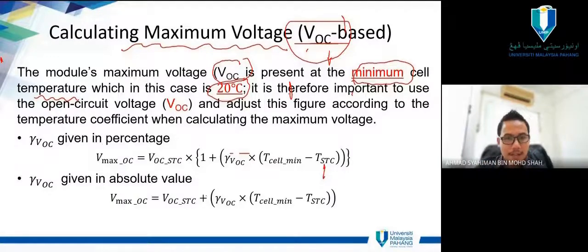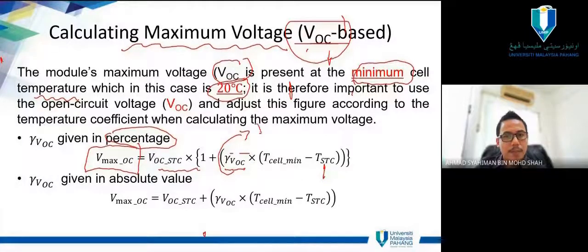V max OC, when the value is given in percentage. This one is for the percentage case. So here it is: VOC STC multiplied by 1 plus the temperature coefficient of the VOC.